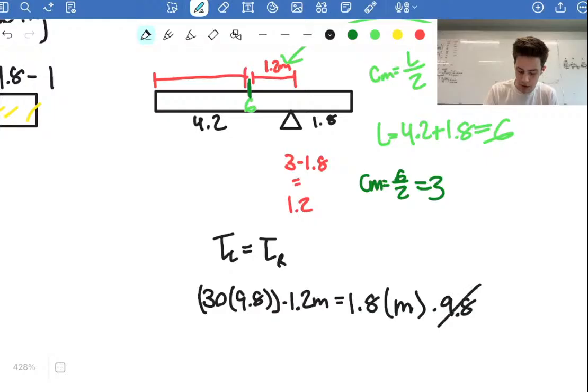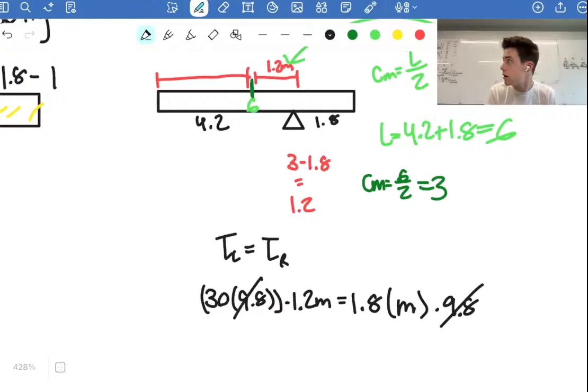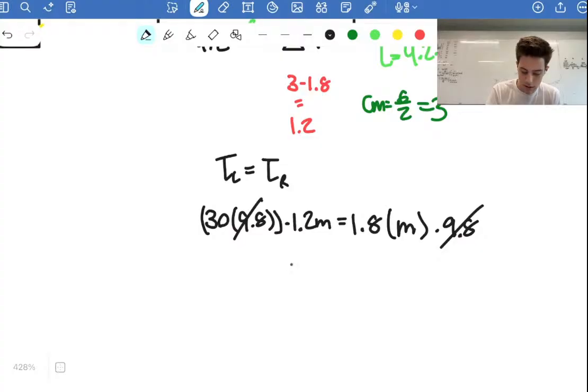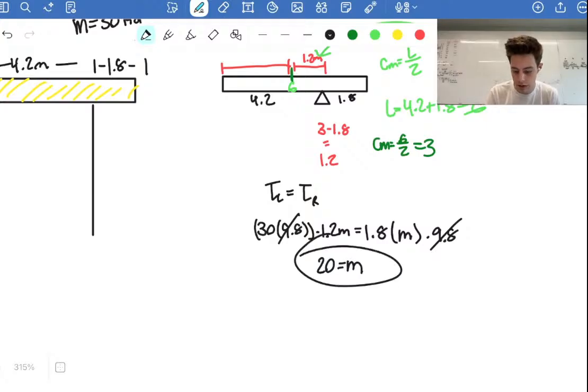So these 9.8s cancel out. So you do 30 times 1.2 divided by 1.8, and you get that 20 equals the mass, which is correct.